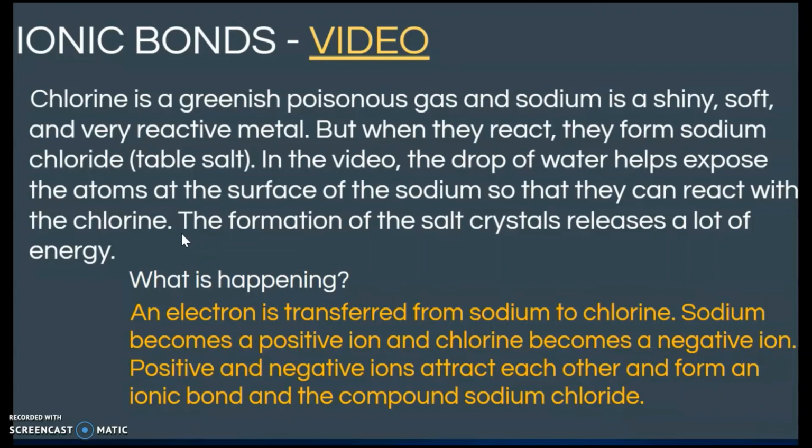An electron is transferring from the sodium, which has 1 valence electron, to chlorine, which has 7 valence electrons. So the sodium becomes a positive ion, and chlorine then becomes a negative ion because it gains an electron. So then positive and negative attract to each other, and that forms that ionic bond. And when the bond is formed chemically, then we have a new substance, which is our sodium chloride.